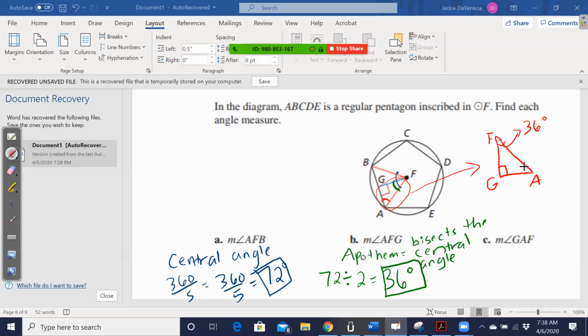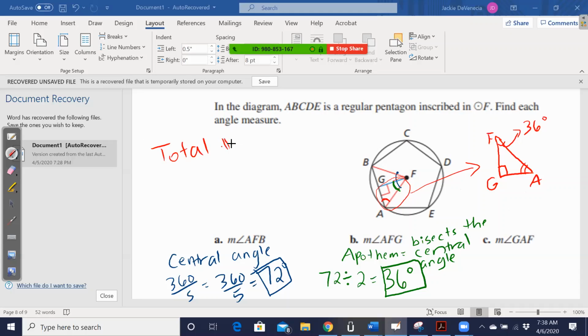So if I want to find the angle GAF, this angle right over here, I'm going to have to use a property of triangles, right? So the property I'm going to use is that the total number of degrees in the triangle is 180. So let's write that over here.